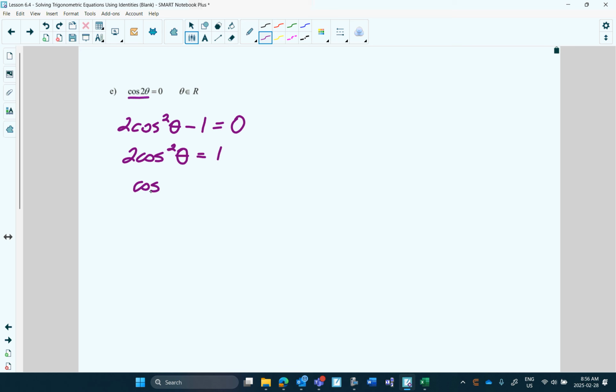Divide both sides by 2, and you get that. How do I get cos theta now? Anybody want to add to that? Plus minus square root.